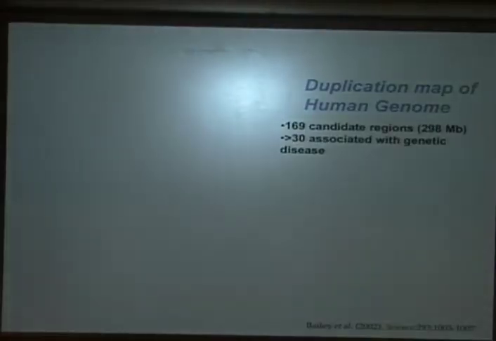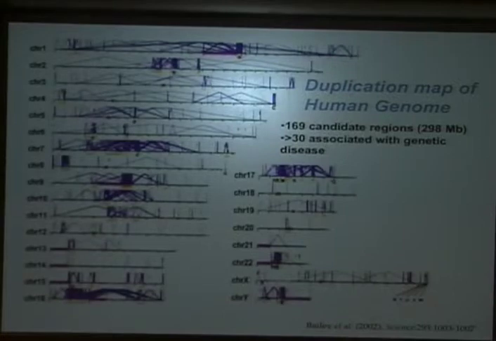Now, if you look at all such sequences in the genome, what's their distribution? This is their distribution, where related sequences are connected with these blue lines, okay? So like here's chromosome 16. Look at all the related sequences there. Chromosome 22, this region right here, all kinds of related sequences. And there are about 169 regions of the genome that have this characteristic.